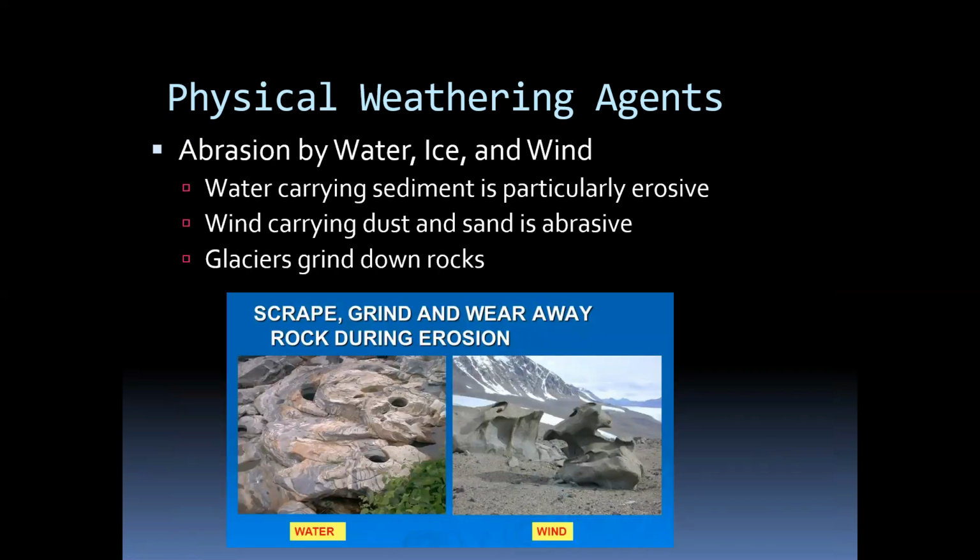Another example of physical weathering is abrasion. Abrasion by water, ice, and winds. In a simple way, as water flows over the surface, for example the wadi, it can carry with it some of the rocks. Now, as these rocks move, they hit themselves.